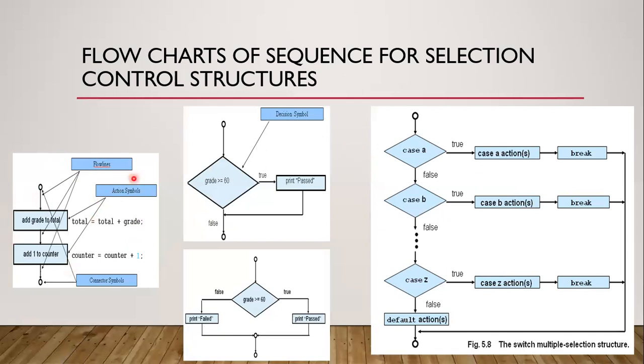So if an analyst, a designer provides you this diagram, it can be used by a C programmer to write a C program. It can be used by a Java programmer to write a Java program. It can be used by a VB programmer to write a VB program. So the logic is represented by this diagram.